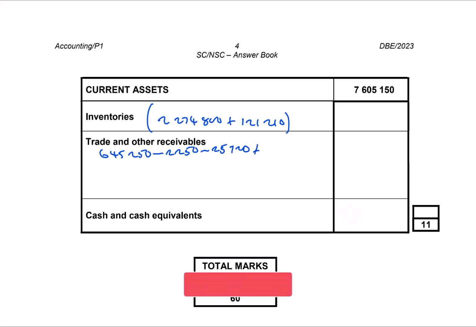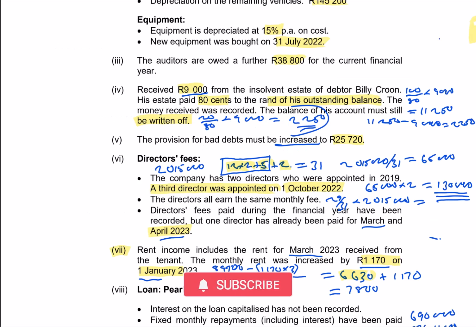Then plus the 130,000 prepayment, which is this one. This prepayment for the directors, the expense paid in advance.